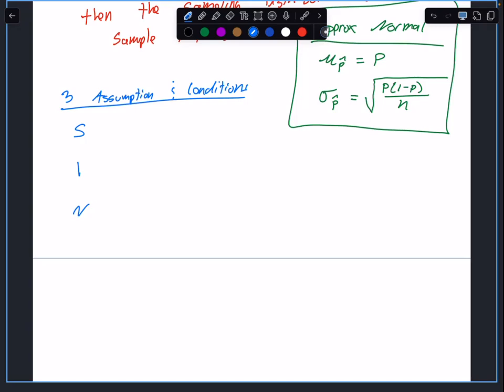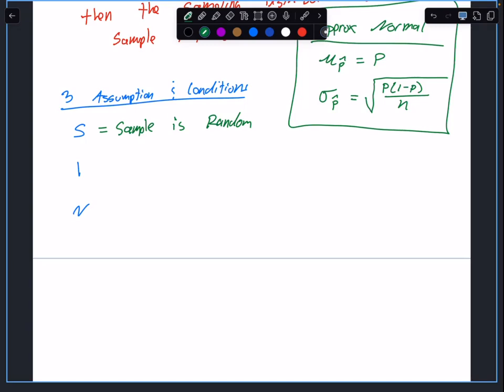That's the best way to remember them. There are many different ways to remember them, of course, but there are 3 conditions, sin, for any sampling distribution. The S stands for sample is random. So the first thing we want is to have a random sample.